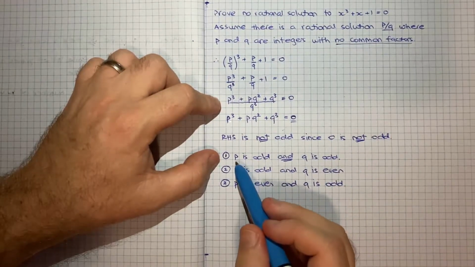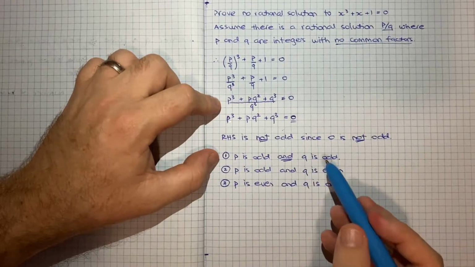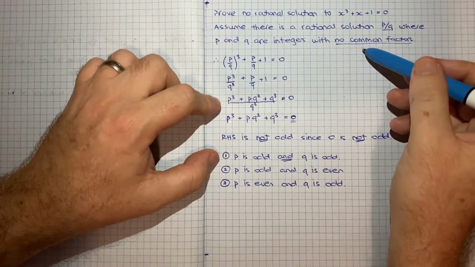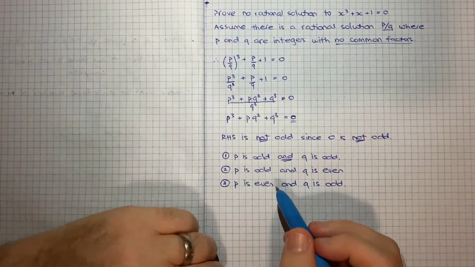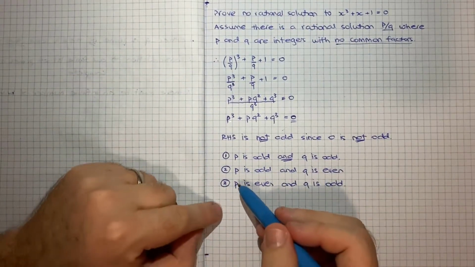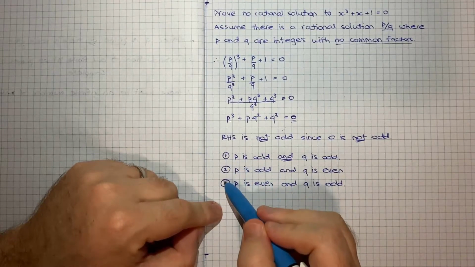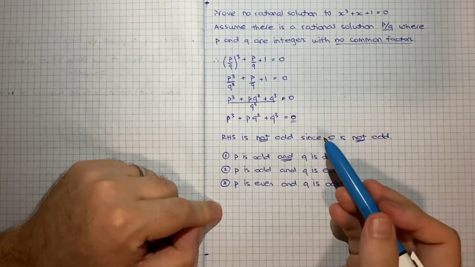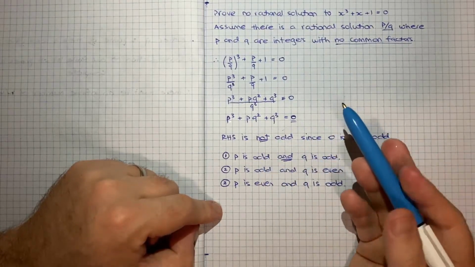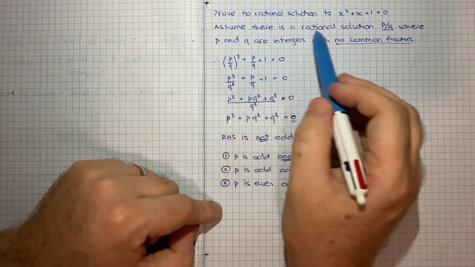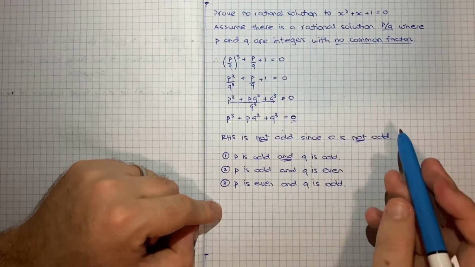So the case of P being even and Q being even is not relevant to our situation. So we just need to think about these three different cases, and if we can show that in all of these cases the left-hand side is odd, then we've exhaustively shown that there's a contradiction, and therefore this assumption can't be correct, so the opposite must be true.